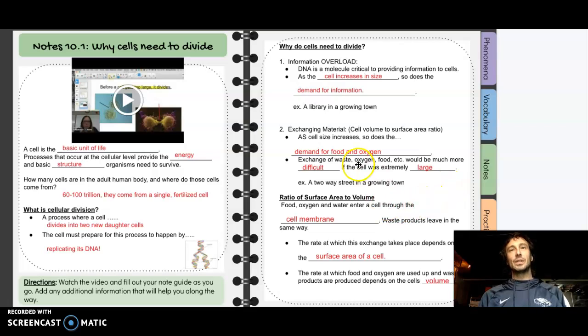The other major reason I already kind of alluded to is the exchange of material, right? So as a cell increases in size, it needs more food, it needs more oxygen, it needs the ability to eliminate more wastes. And if it has a large volume, but a proportionally small surface area, it can't get that stuff out, right?